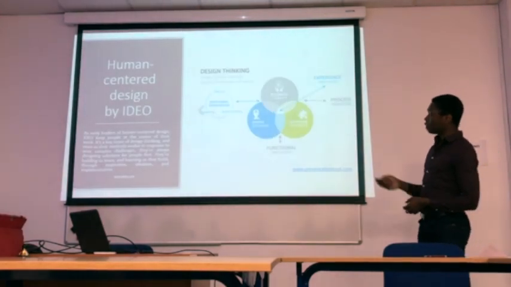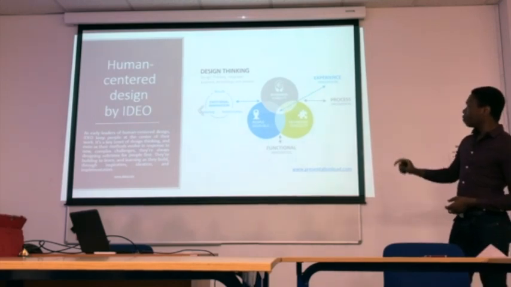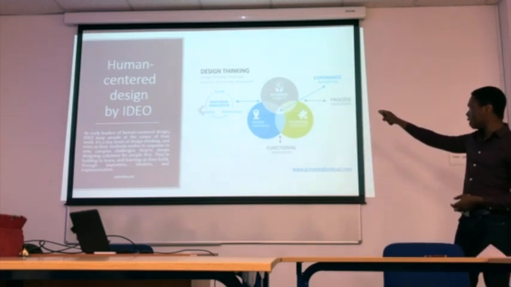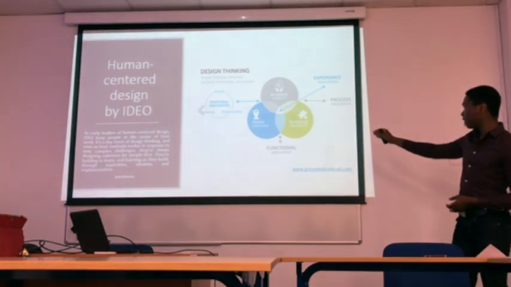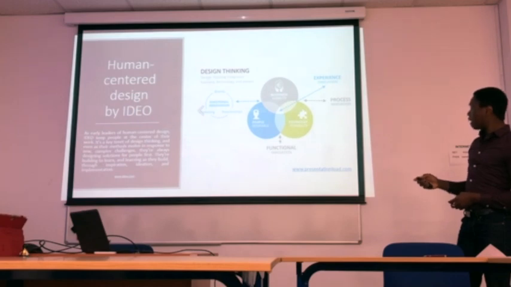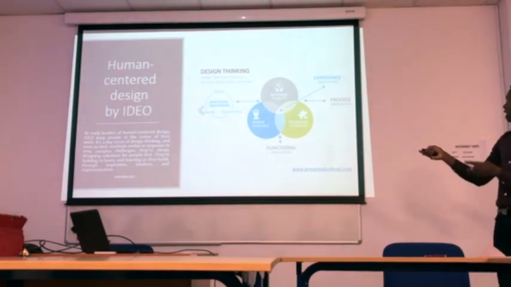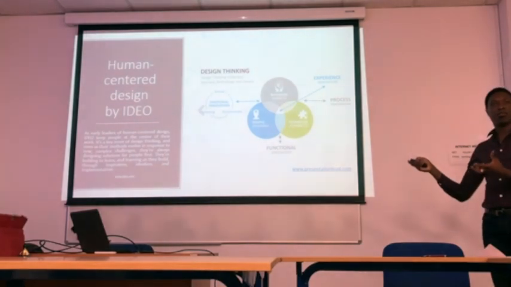We can see it as business viability, people desirability, and technology feasibility. And here we come out with the question: how can we make it? In the intersection of these three requirements, we come out with experience innovation. That is the beginning of the design thinking process. Okay.